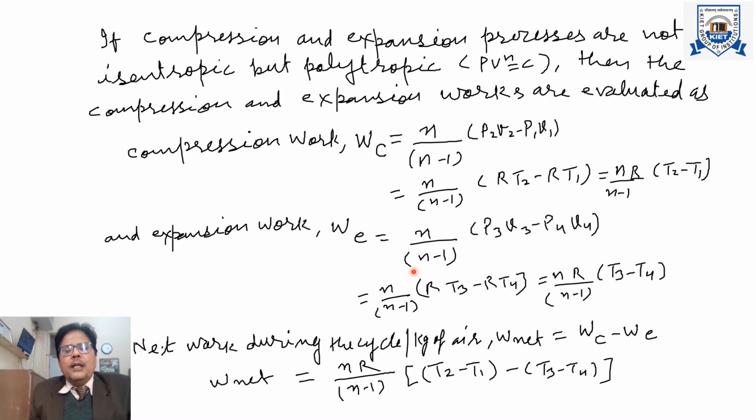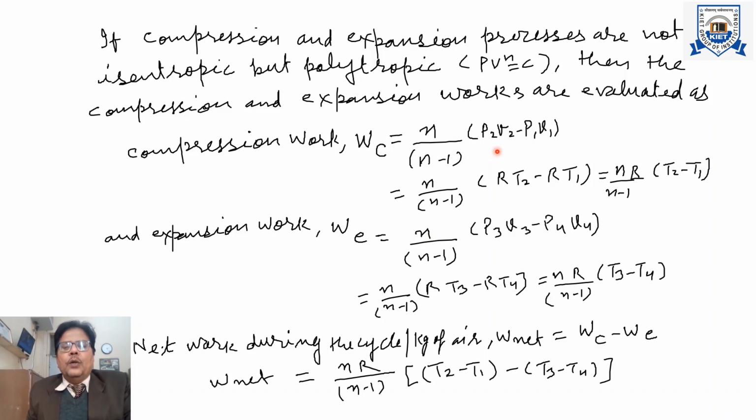So in a case when the expansion or compression is not isentropic but polytropic, we know the polytropic equation as PV raised to the power n equals constant. So we can calculate compression and expansion work as follows. Compression work will be n over n minus 1 times P2 V2 minus P1 V1, where n is the polytropic index.